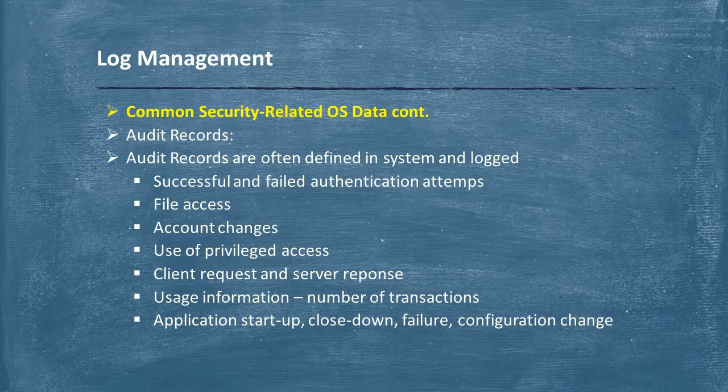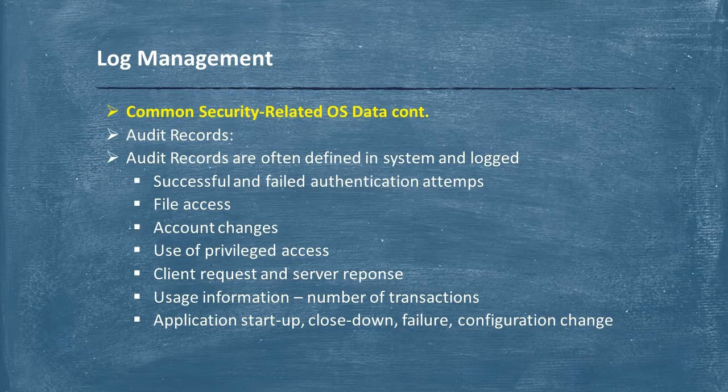Successful and failed authentication attempts, again, these get logged. File accesses go into the log. Account changes go into the log. These are to be reviewed frequently. If there is an account change, whether it is an authorized change or unauthorized change, that is the purpose of the log, to capture that kind of information.